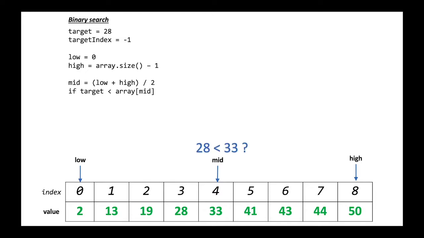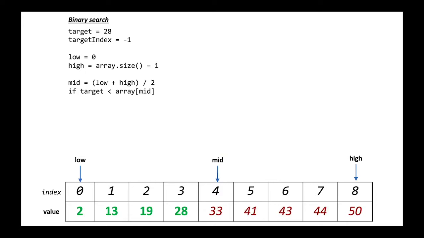Binary search then starts by asking the question, is your target less than what the contents of array mid contains? So in this example, we're asking, is 28 less than 33? Remember, we don't know where the 28 is, we're trying to find it. In this case, 28 is less than 33, and so we act in the following way.